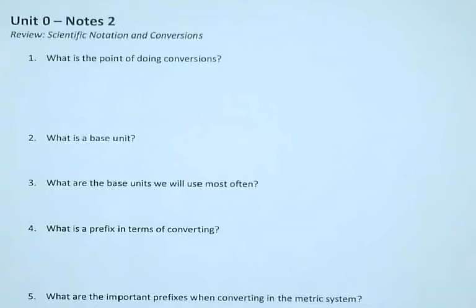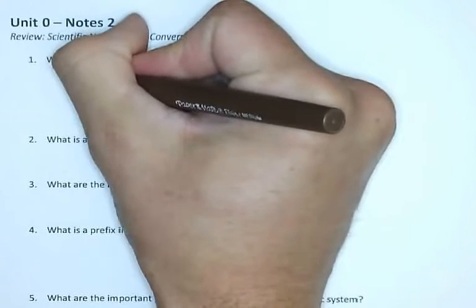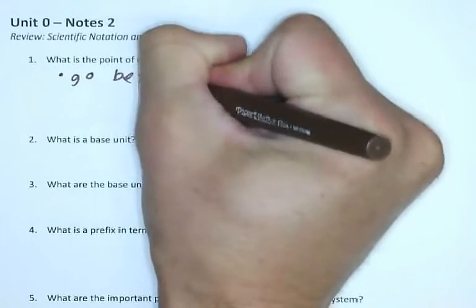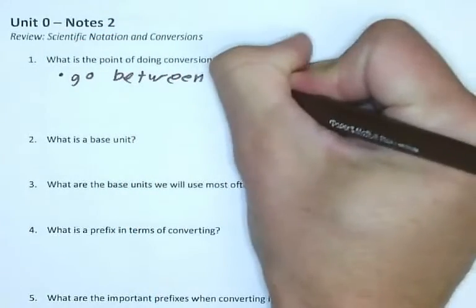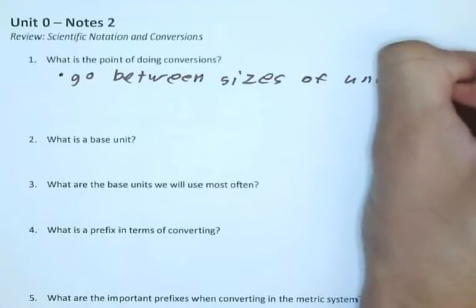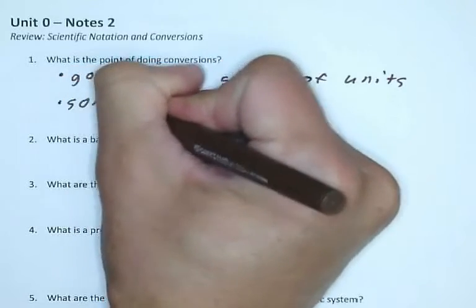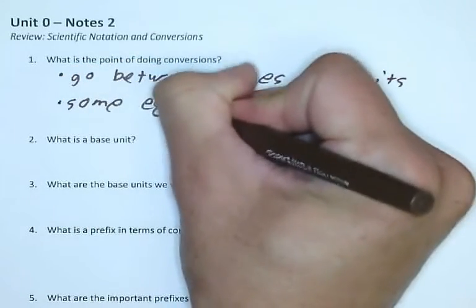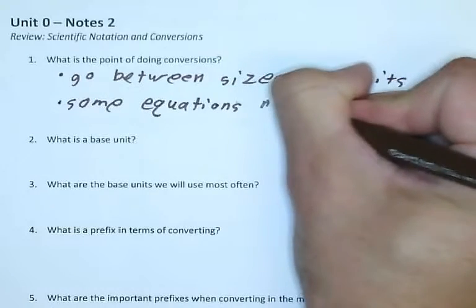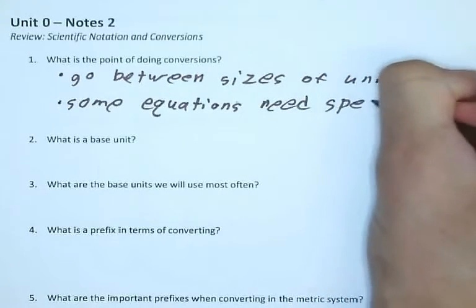What's the point of doing conversions? So there's two big reasons for doing conversions. It's to go between sizes of units, and some equations need specific units.